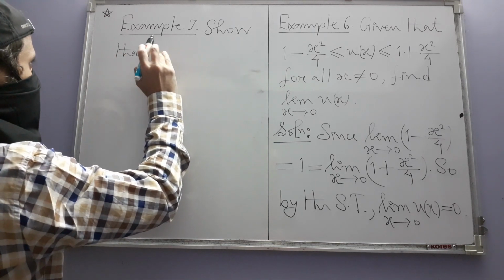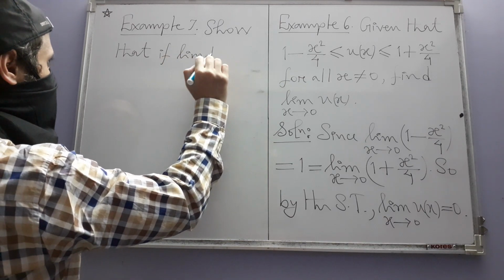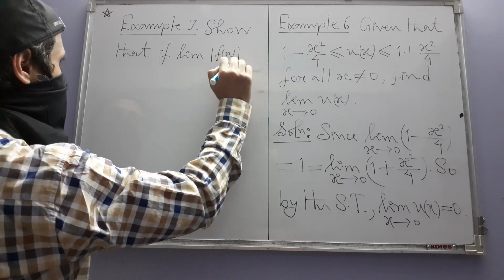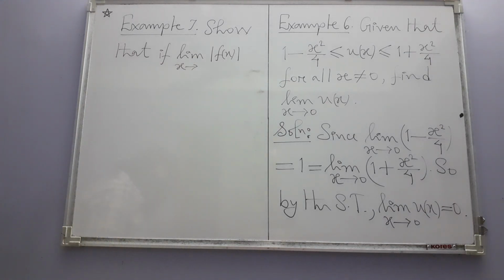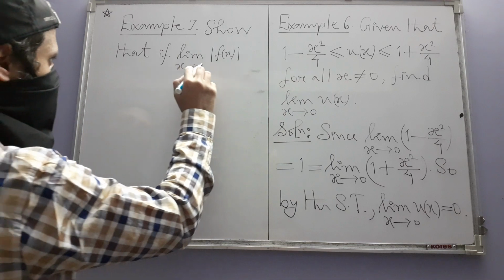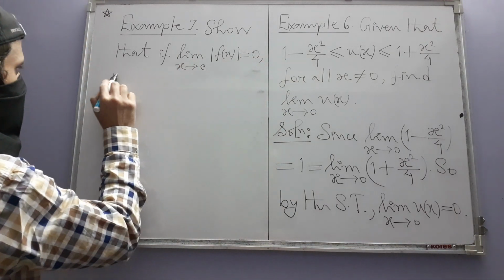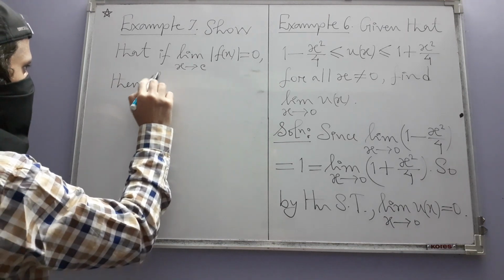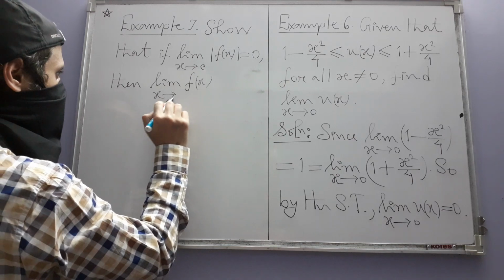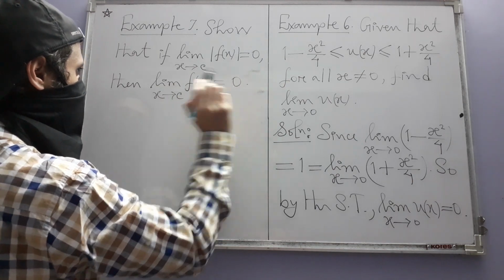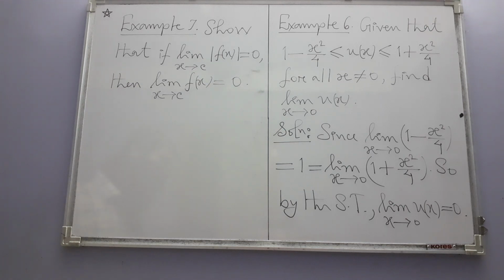If the limit of absolute value of f of x as x approaches c, any real number, is 0, then the limit of f of x is also 0.